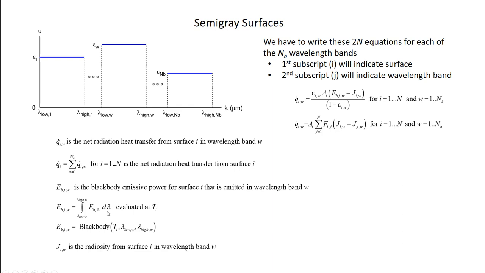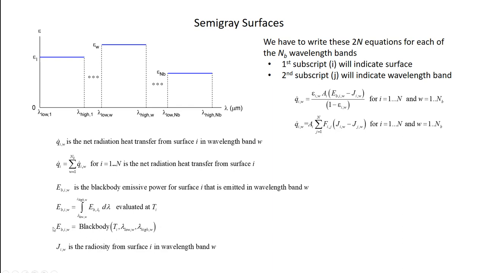So this blackbody function gives you the fraction of the amount of radiation emitted by a black body at this temperature that occurs between these two wavelengths. So EBIW is just the blackbody function called in this way, and I didn't put this on here, but it's important that you actually multiply this by sigma Ti to the fourth, right? Sigma Ti to the fourth. This is a dimensionless thing.